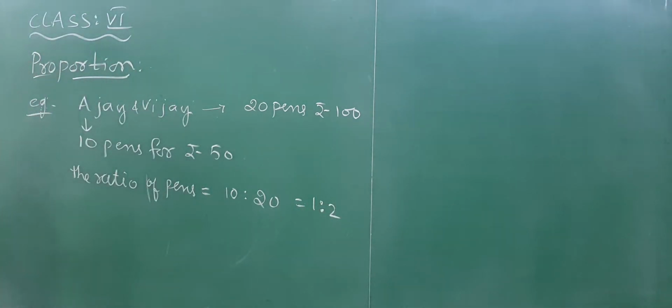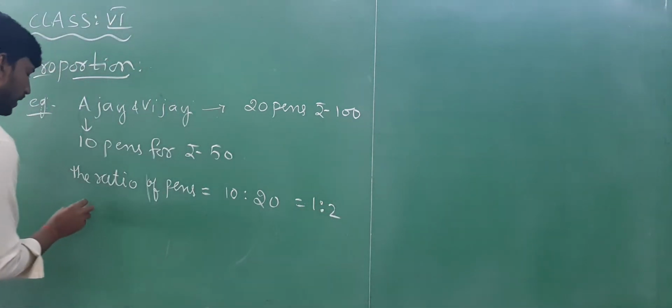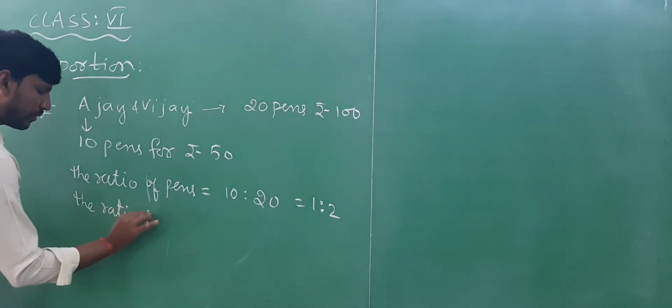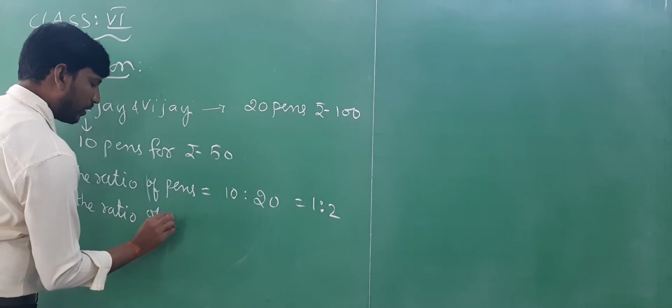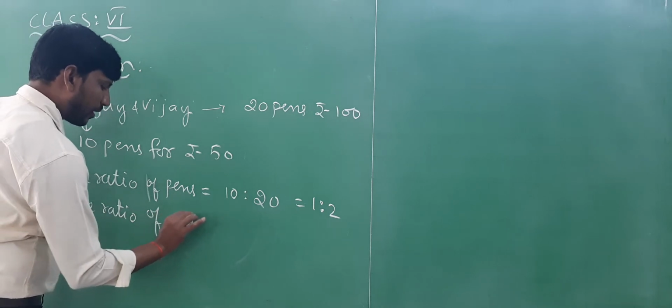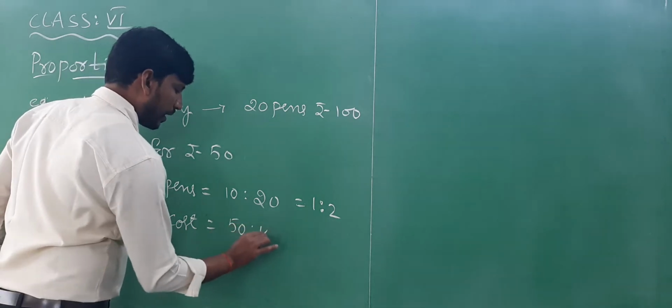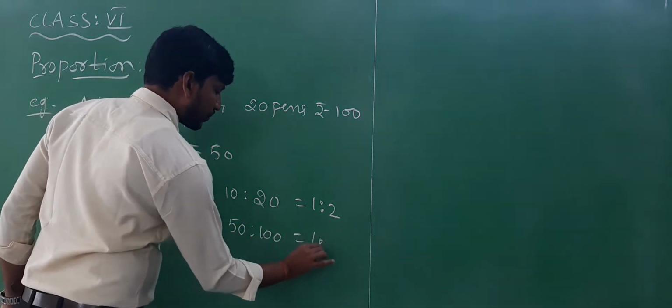The ratio of pens is 1:2, and the ratio of cost, 50:100, is also equal to 1:2.